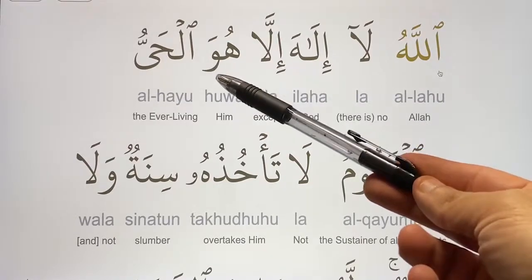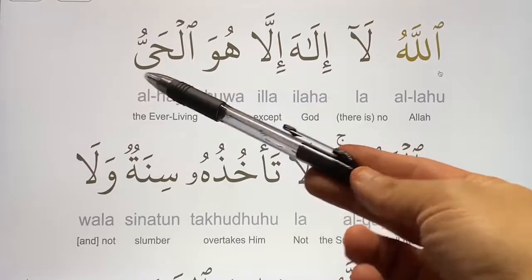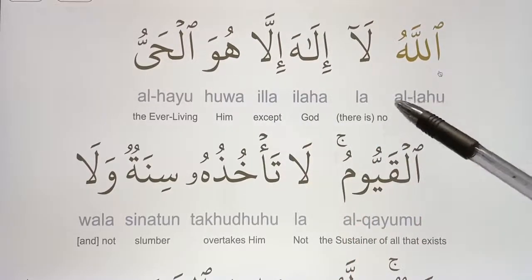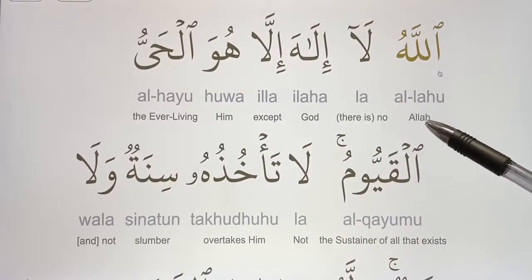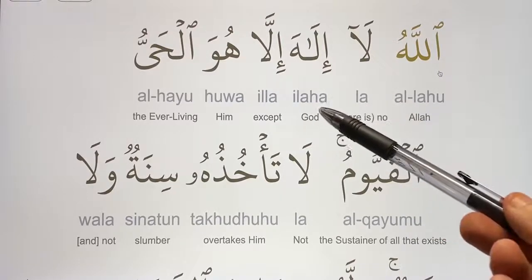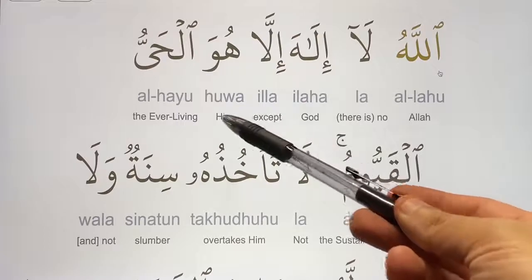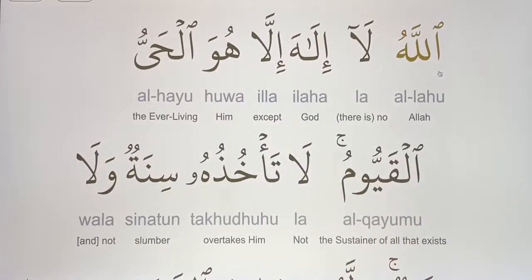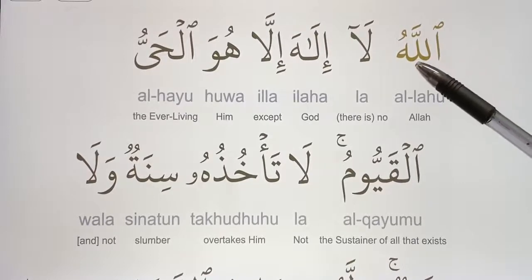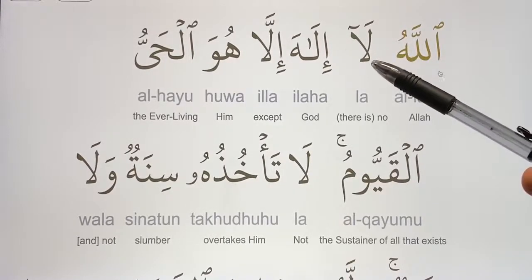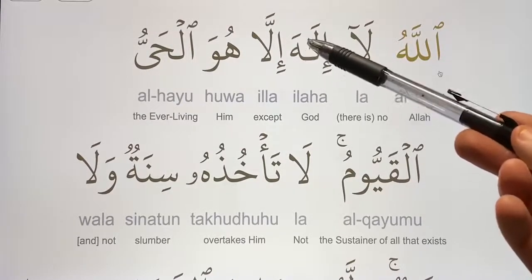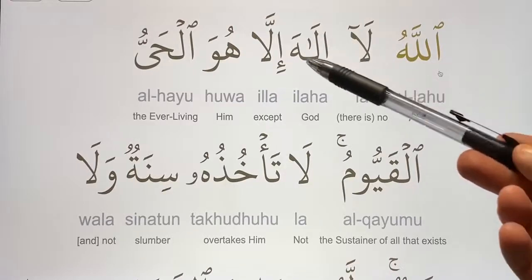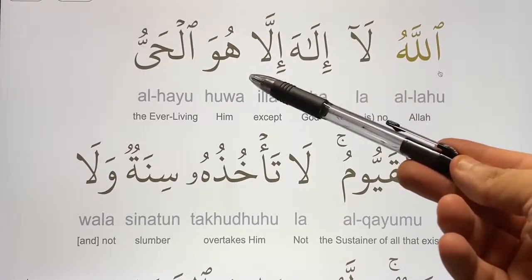These are the English transliterations in case you can't read Arabic. Allahu la ilaha illa huwal hayyu. Okay? Again, Allahu la ilaha. Notice the long alif after the lam. Ilaha. Illa.